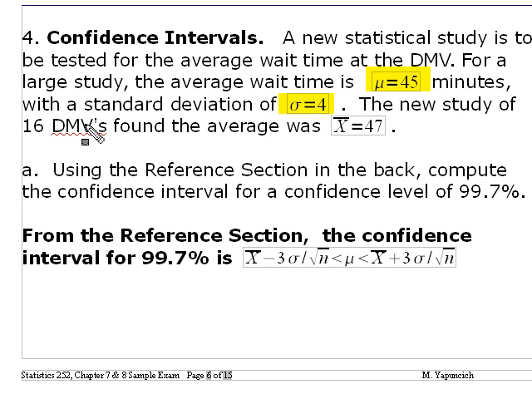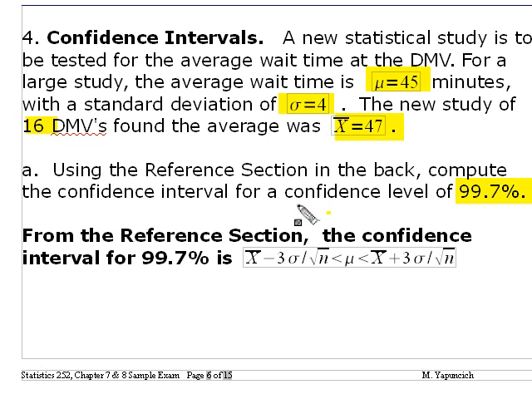Then a new study is made looking at only 16 DMVs, and they found that the wait time for those was 47 minutes. So the question is to find the confidence interval about this new average of 47 for some confidence level. In the reference section, you'll be given the confidence level, in this case 99.7%.